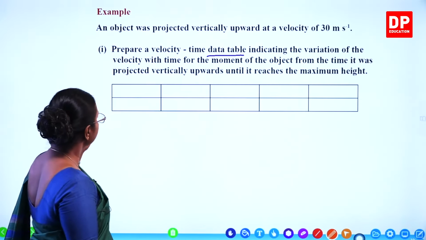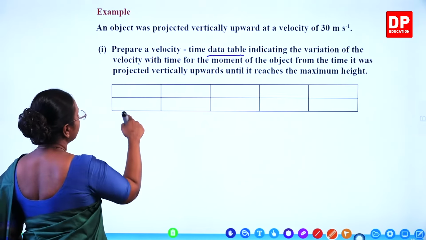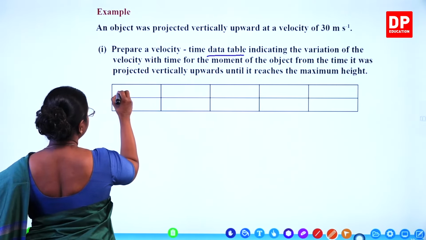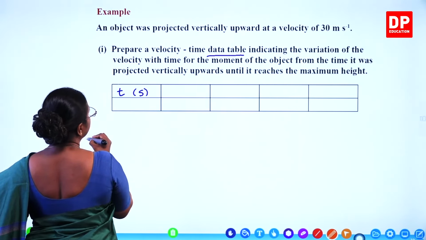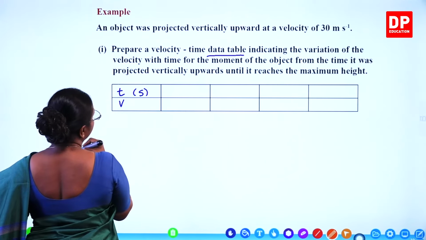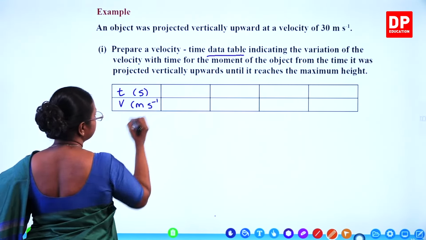So for a table, you need to have a table like this, and on top you will have time in seconds, and here we will have velocity in meters per second.